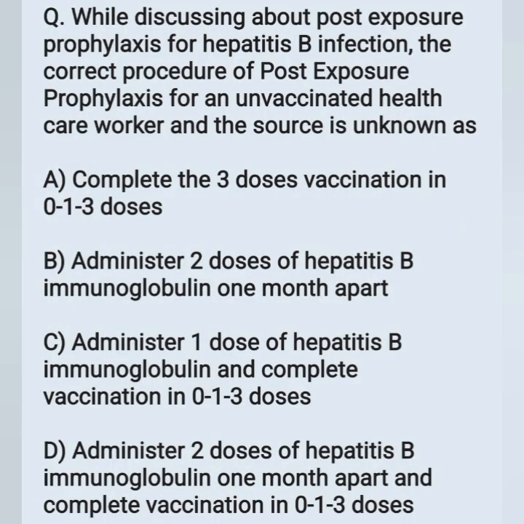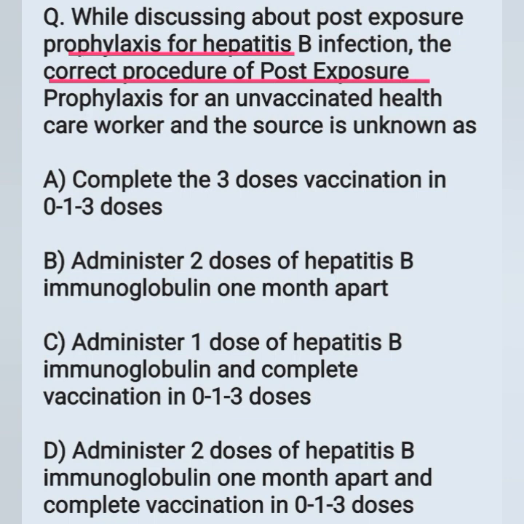And the next question, while discussing post-exposure prophylaxis for hepatitis B infection: the correct procedure of post-exposure prophylaxis for an unvaccinated healthcare worker when the source is unknown. Here the question is, what is the correct sequence of post-exposure prophylaxis for hepatitis B for a health worker who got exposed and the source is unknown?